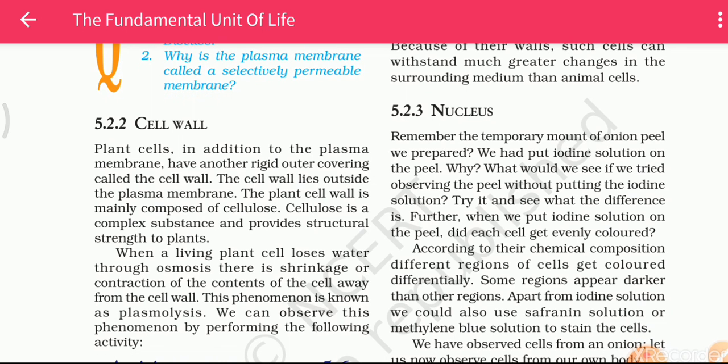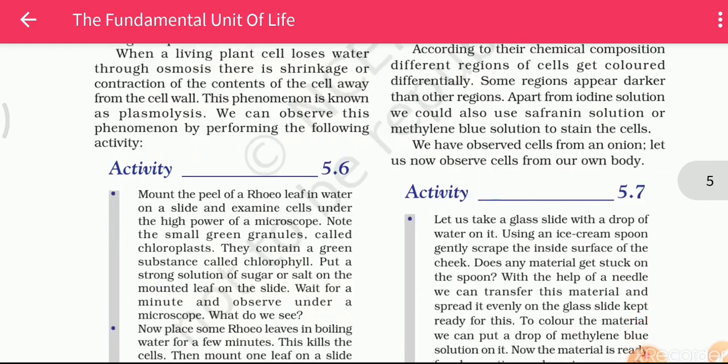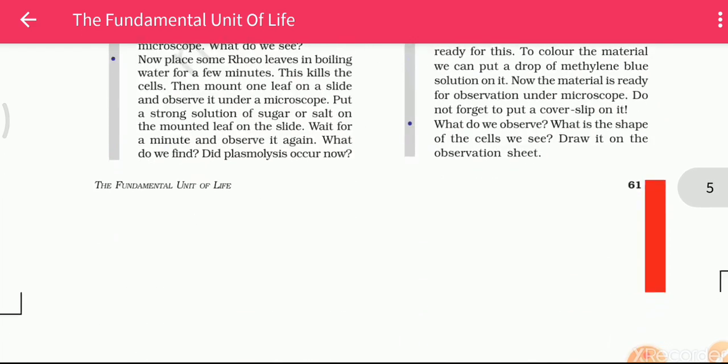Let's first complete this nucleus topic, because in these two paragraphs they are only talking about the solution. What happens if we put the iodine solution, safranin solution and methylene blue solution? It's very simple. It will stain the cells, and the nucleus and other structures are differentiated in the cells. Okay, only this much.